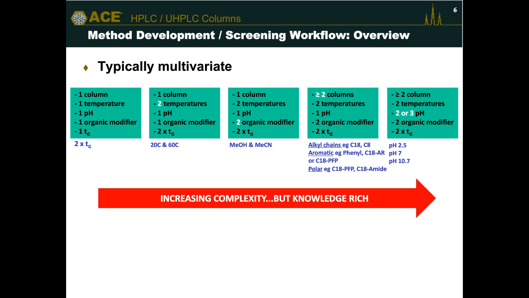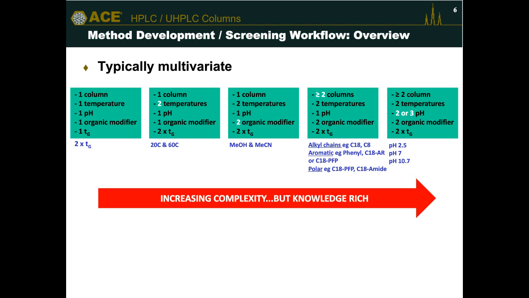If that doesn't work, what do we do next? Here on the screen, for instance, some people look at temperature, low temperature, high temperature. Some people look at solvent type, methanol, a protic solvent, and acetonitrile, an aprotic solvent, with different eluotropic strengths and different impacts on selectivity. Some people will also look at different columns, and I've listed 3 different types or groups of columns on the slide there.